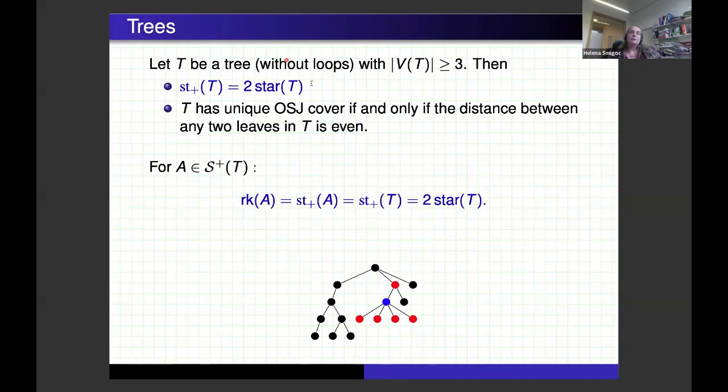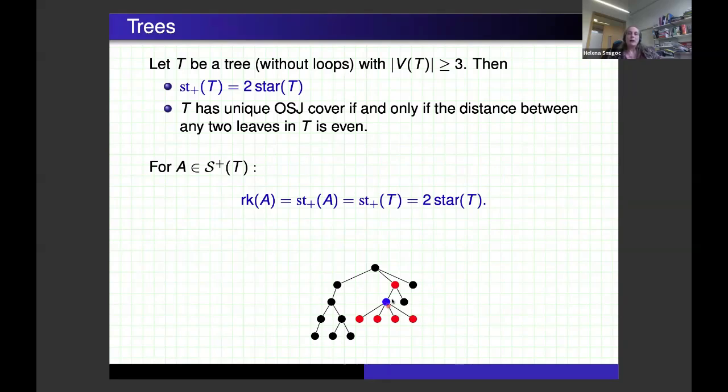But for trees, this is an equality. So if it's a tree without loops, then St plus of T is 2 times the edge star cover number of T. The way you would see this, you would start with a tree, and then you would think about a leaf, and you would say, okay, I need to cover this edge coming from a leaf to the center vertex somehow. And soon you would see that this blue vertex has to be the center of the star.